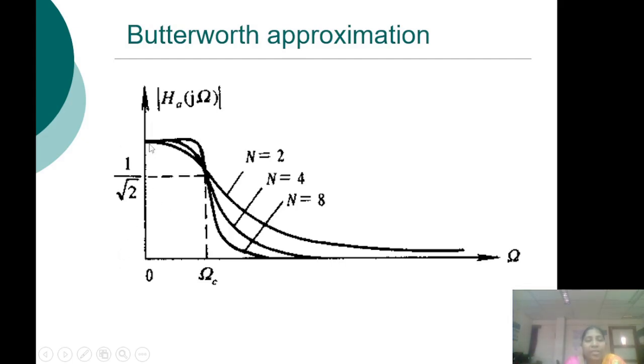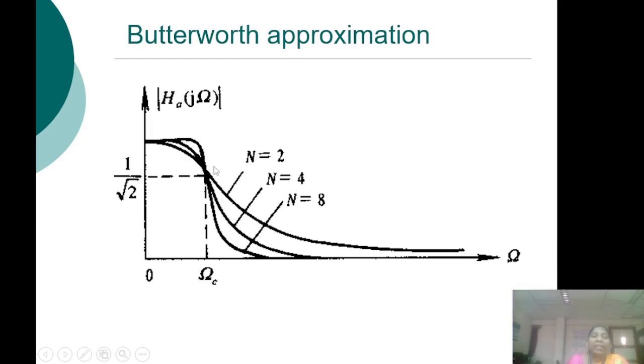The first curve is an approximate version of the frequency response of a low pass filter, as practically implemented, for n equal to 2. In the low pass filter, this is the pass band region, this is the stop band region, and this is the transition region between pass band and stop band.